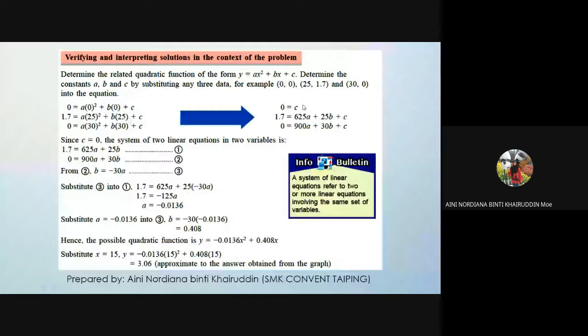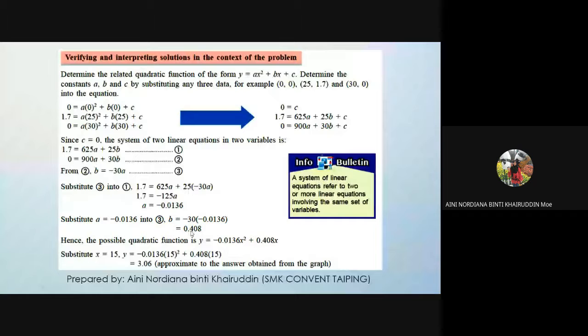So since c equals to 0, the system of two linear equation in two variable is, so ini daripada yang atas ni, so kita akan dapat macam ni lah. Equation 1, equation 2, lepas tu this one use substitution method. Akan dapat value a and b.